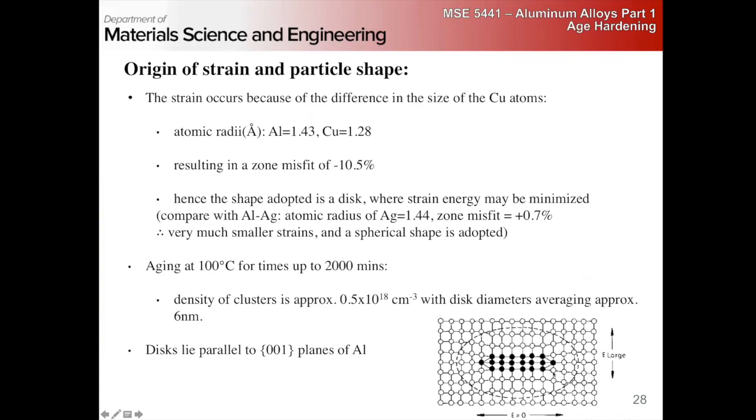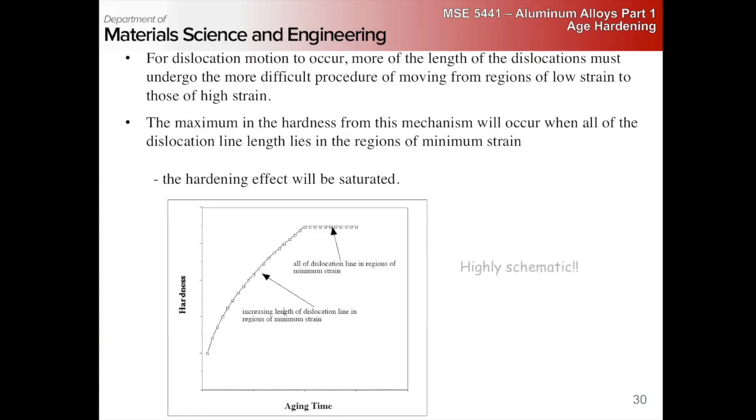Here, we could adopt a lower surface energy by making this a sphere. But in this case, we generate plates because it aligns the distortions with our directions of elastic anisotropy in the aluminum, reducing our overall strain energy.